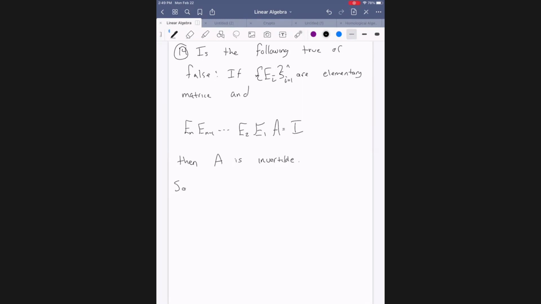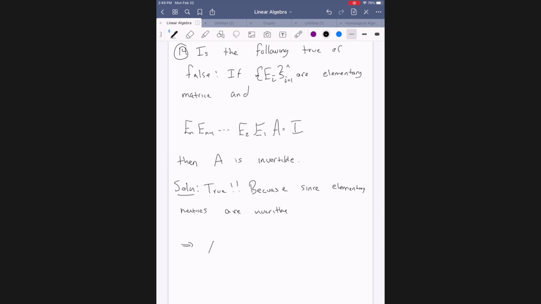So the solution, like I said, is that it's true because elementary matrices are invertible.